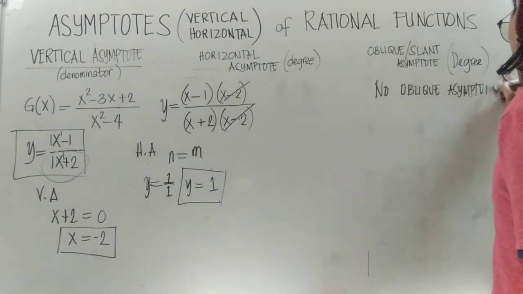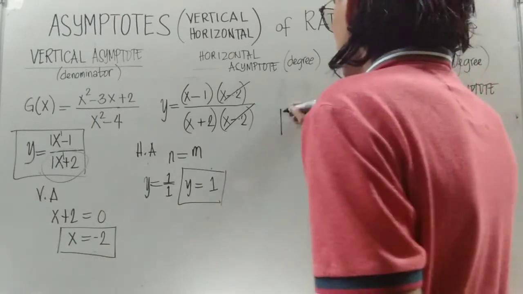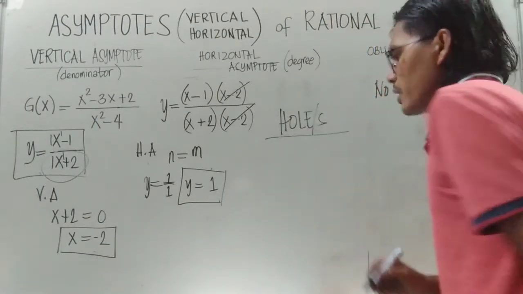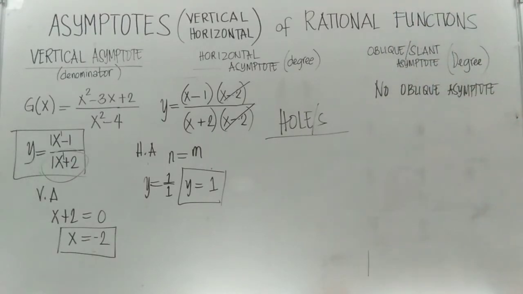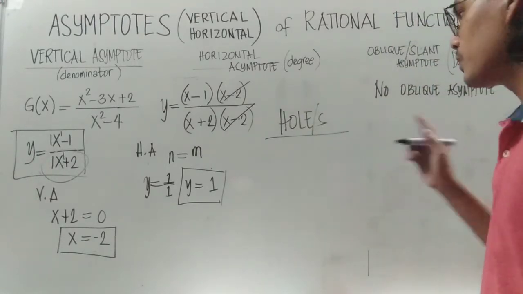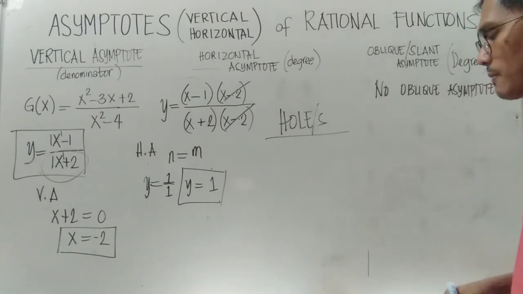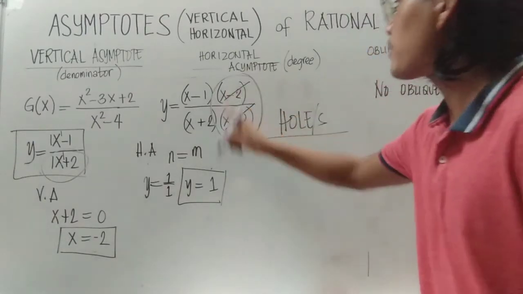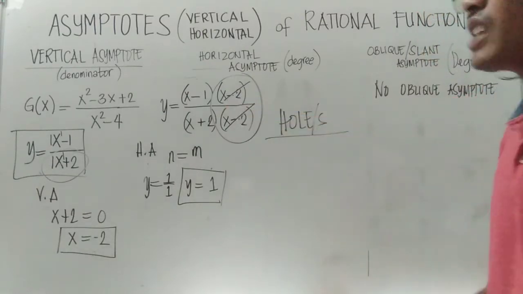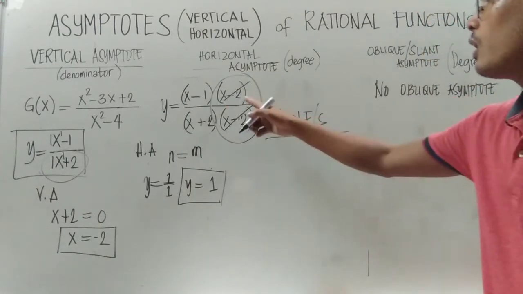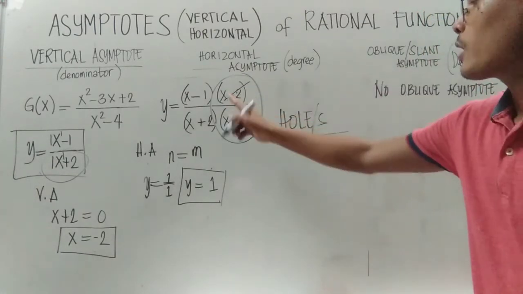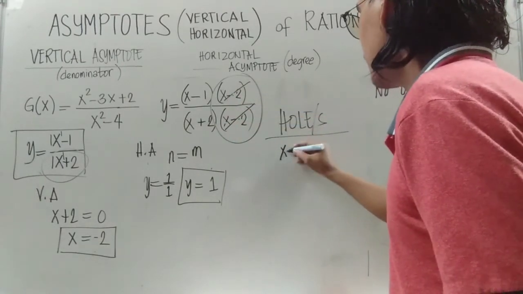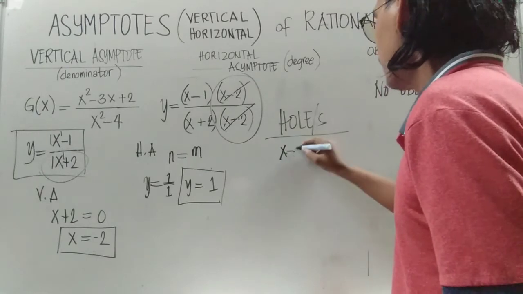But I will discuss the concept of the pole or poles. In some branches of mathematics, it is known as the removable discontinuity. If you can remember, the common factor that we reduced here is x minus 2.